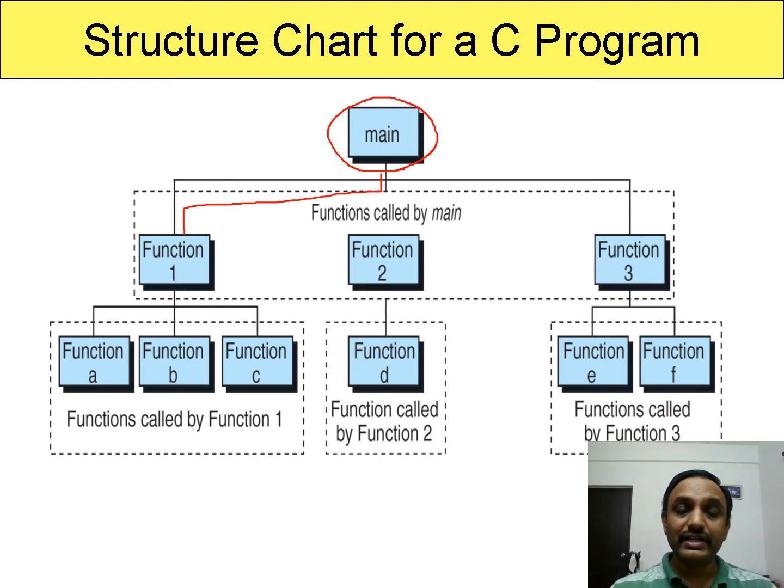Again, functions A, B, C are called by function 1. Whenever function A's job is completed, it returns its output to function 1. Whenever function 1's job is completed, it returns its output to the main function. So this is the structure chart for a C program.